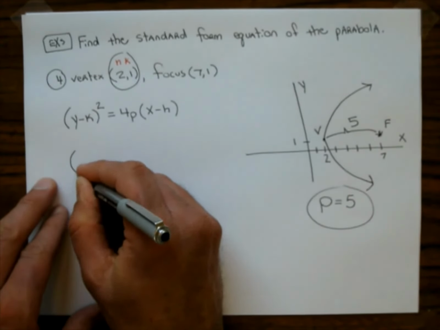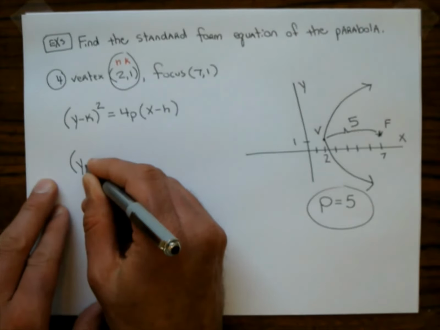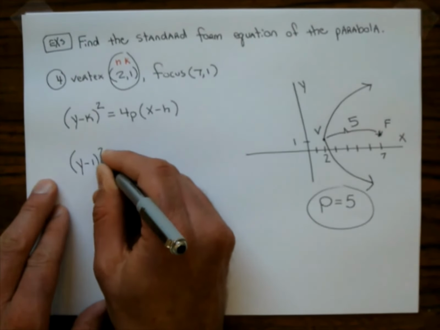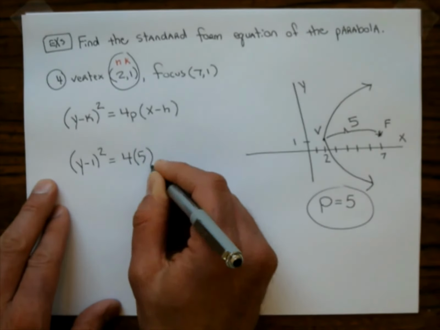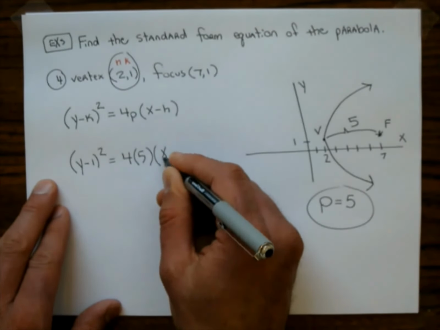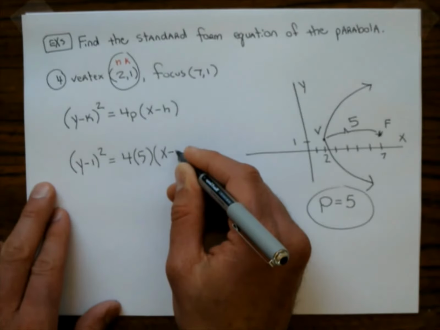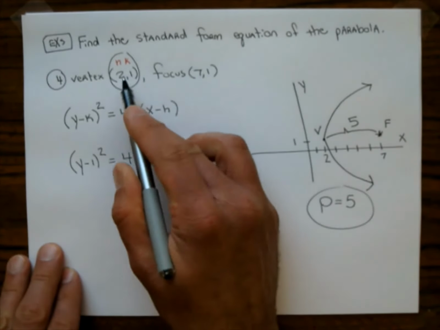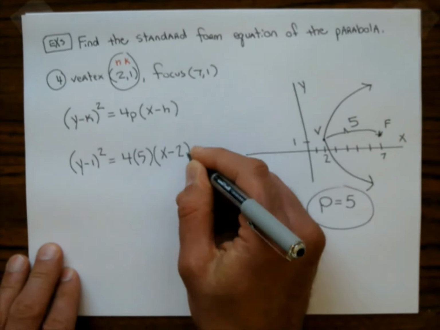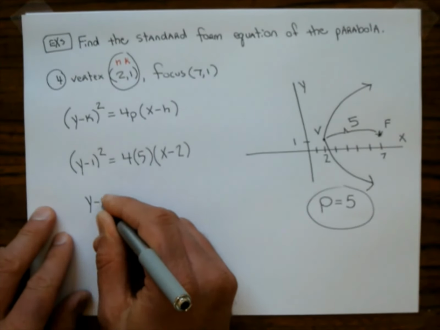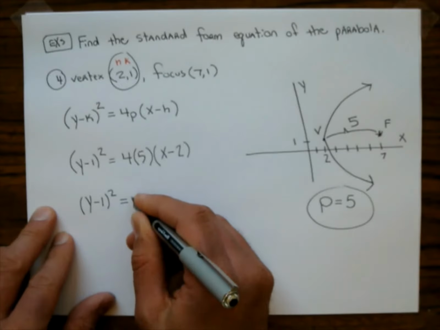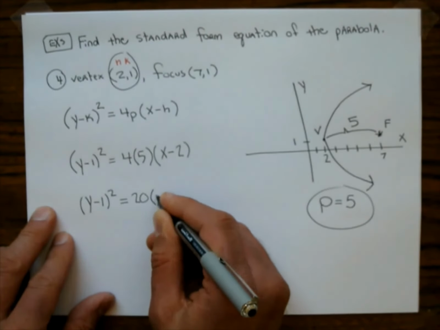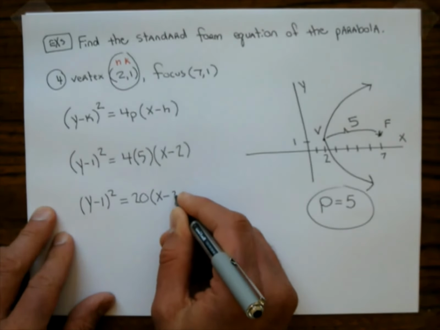So let's see if we can write this out. This is (y minus 1) squared equals 4 times 5, times (x minus 2). So this is (y minus 1) squared equals 20 times (x minus 2).